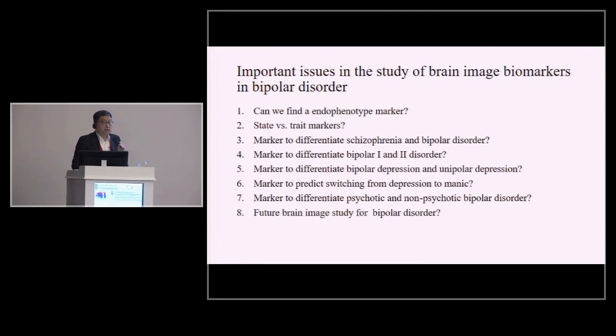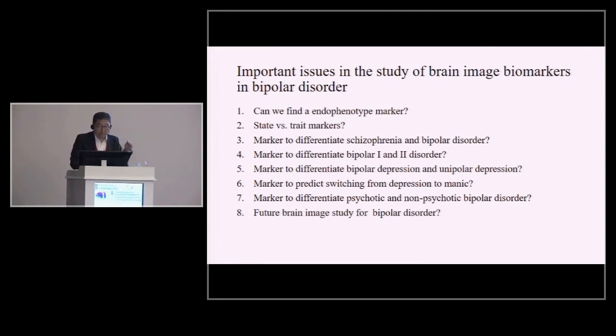But some say that in bipolar disorder, we sometimes need a state marker, like for bipolar depression. If the marker is different from unipolar depression, then it's good to guide us in how to treat our patients. But as I just mentioned, for bipolar depression and unipolar depression we use the same criteria, so it's not possible to do that.